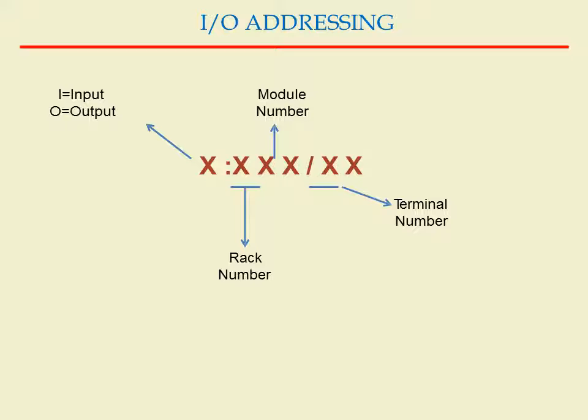It is followed by the rack number, on which rack this device is to be connected. After that, the module number is given. First there is the rack number, then the module number, and lastly the terminal number is given. So this is the standard format for I/O addressing for the Allen Bradley manufactured PLCs.